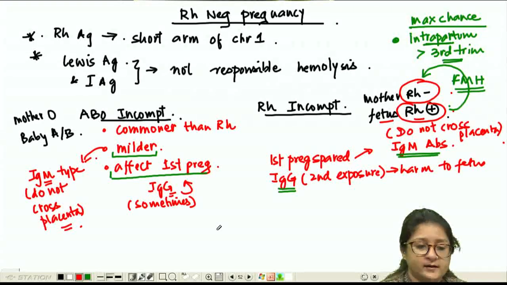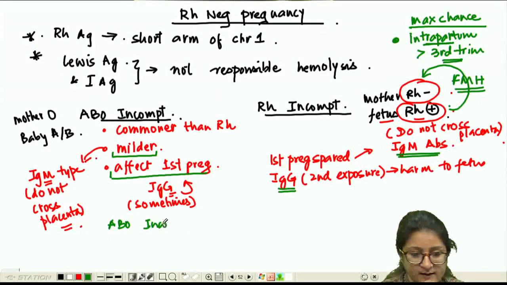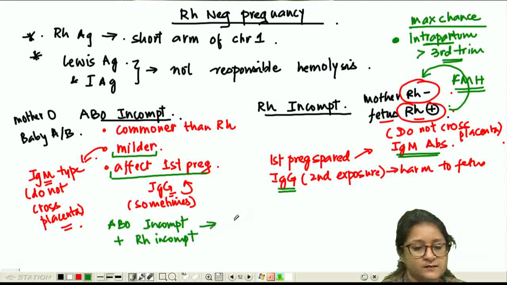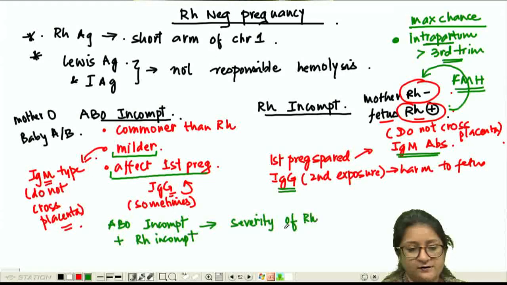Another important point to remember is that whenever there is ABO incompatibility plus Rh incompatibility, the severity of Rh affection of the fetus is decreased.